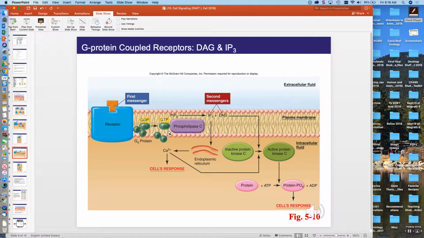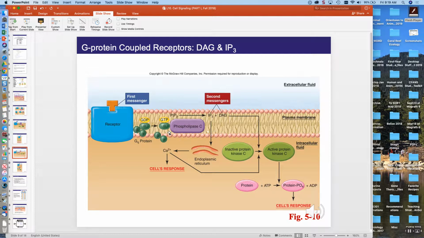I just want you all to know that this is actually 4,5 phosphatidylinositol bisphosphate.